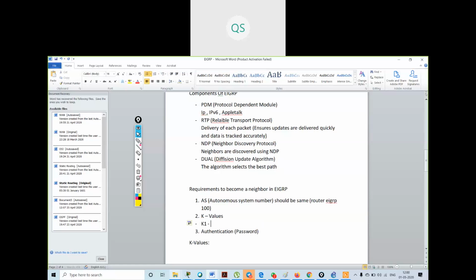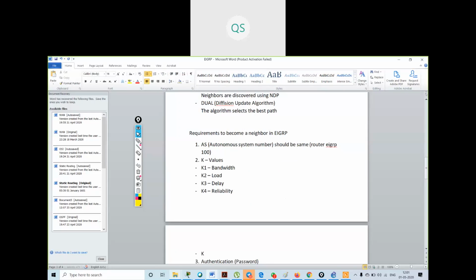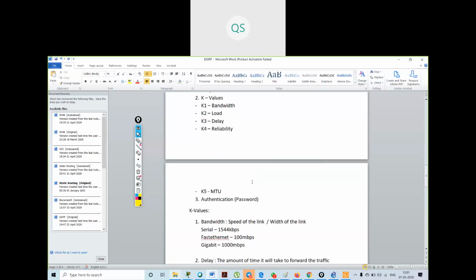K1 is bandwidth, then we have K2, suppose load, K3 is my delay, K4 reliability, K5 is MTU, maximum transmission unit, which is also known as additional reliability. So all these things should match.